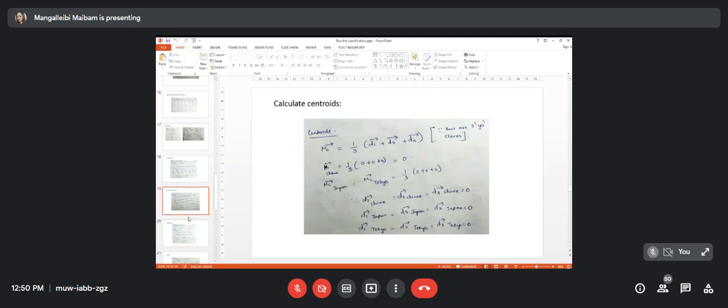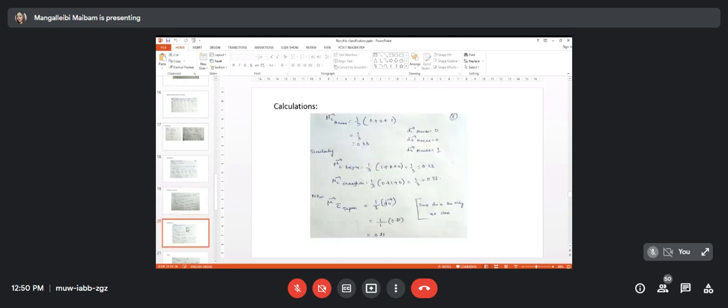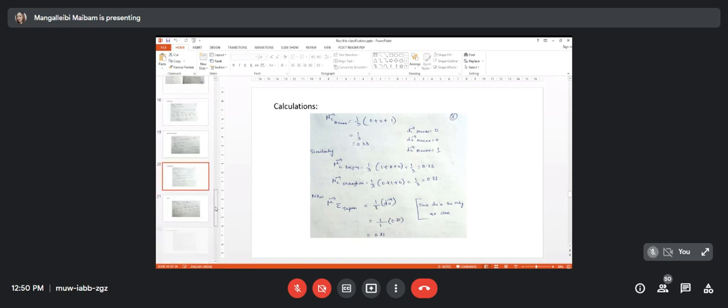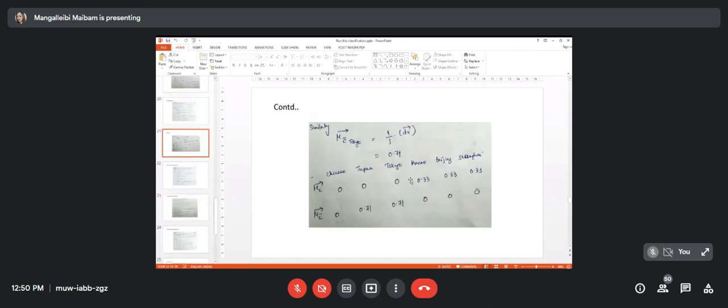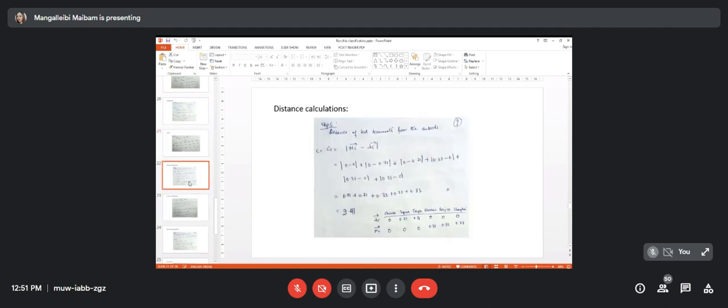Similarly the calculation is done for other terms. This is what we got for Chinese, Japan, Tokyo, Macau, Beijing, Shanghai, and similarly for the North China class. This is a very long step.